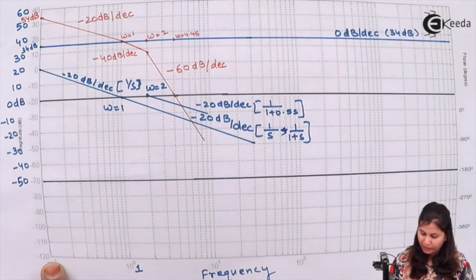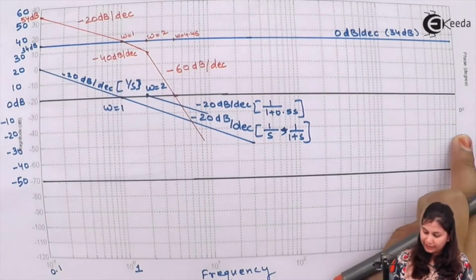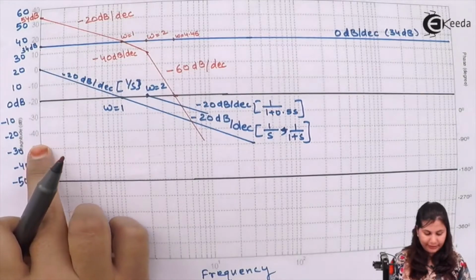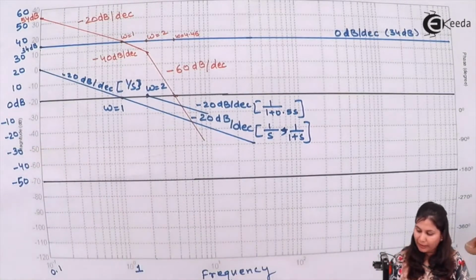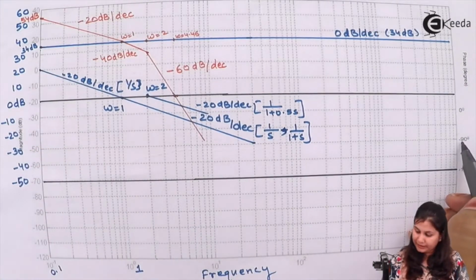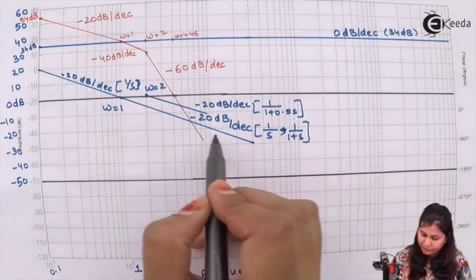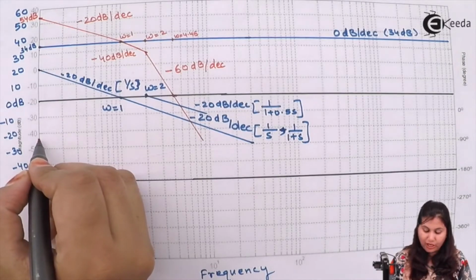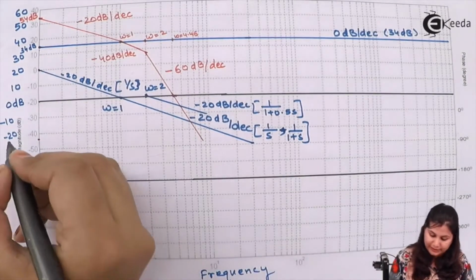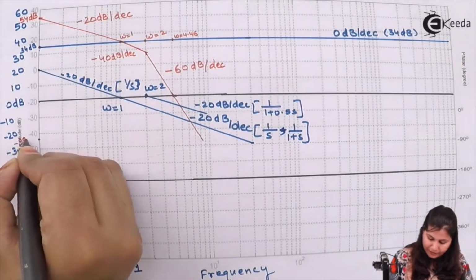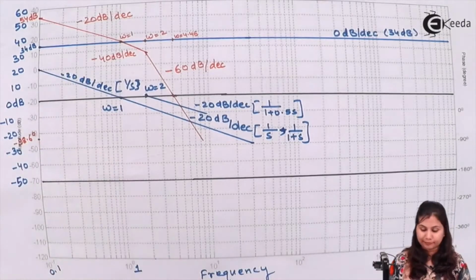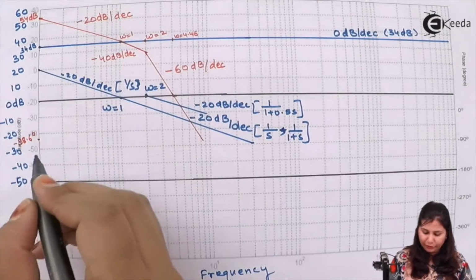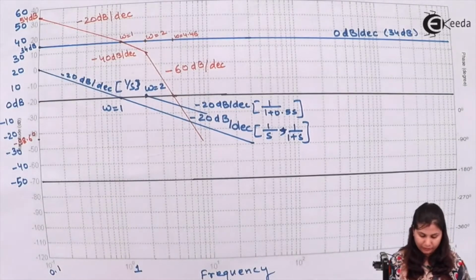At 0.1, the phase angle is minus 98.6 degrees. Minus 90 is here, minus 98 will be somewhat here. So the phase plot is going to start from this point, that is minus 98.6 degrees at the frequency 0.1.